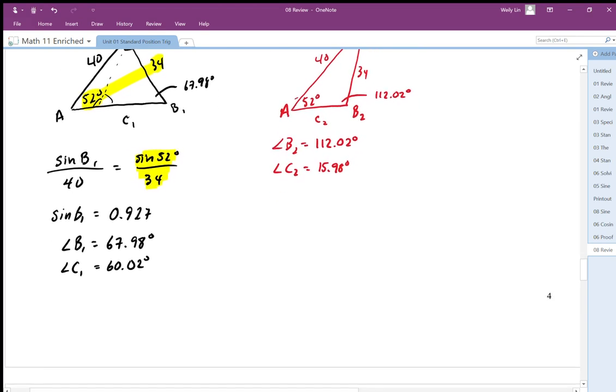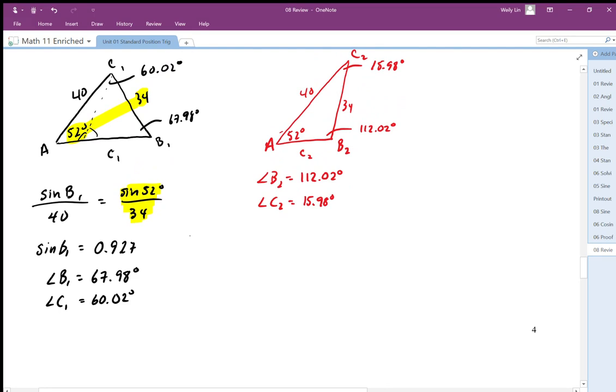So the last part here then is to solve for the length of C1. So I'm going to use my known ratio and have my unknown side. So this is going to be 34 to sine 52. Okay, so that's solving for C1.